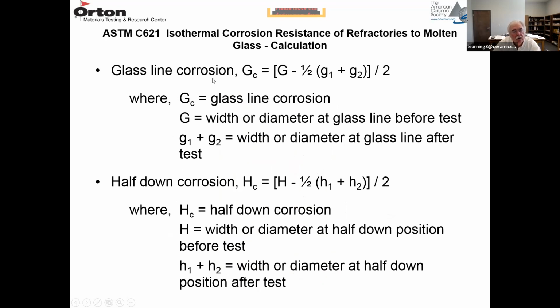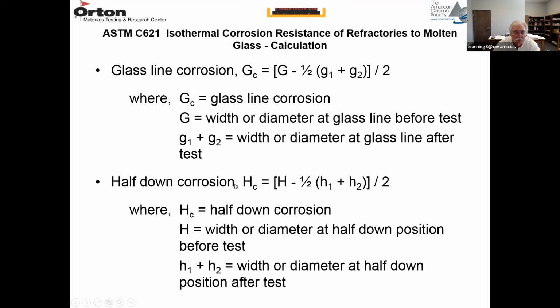So the glass line corrosion, GC, equals G, which is the width or diameter at the glass line before the test, minus 1/2 G1 plus G2 for an average cut. So G1 plus G2 is the width or diameter at the glass line after the test, and you divide that by 2 because you're using 2 of these here.